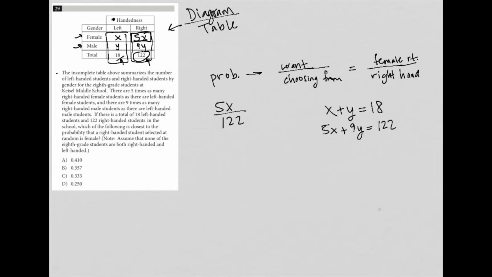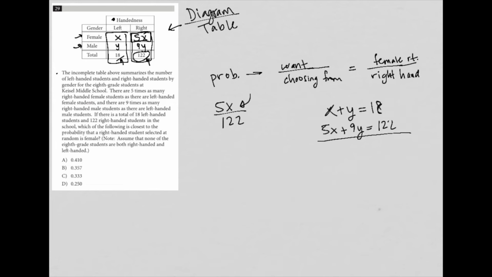And I can combine these two equations together in order to figure out what x is, right? Because I don't care about y, I just want x. So I'm going to multiply this top equation by -9. In fact, I'm going to change my mind on that. So instead of using the elimination method, I'm going to use substitution, right?